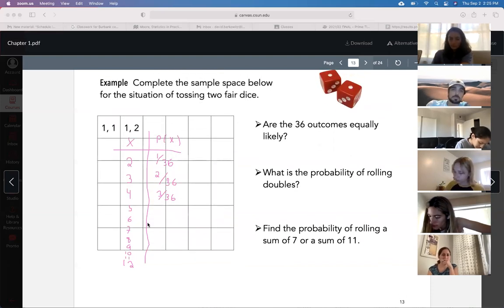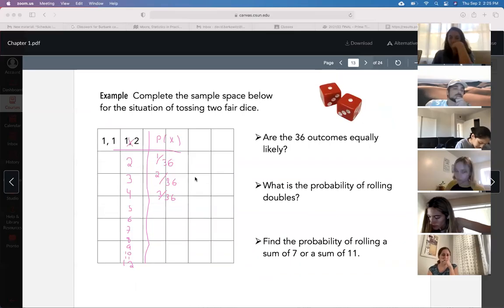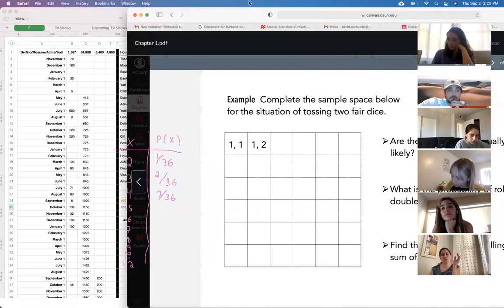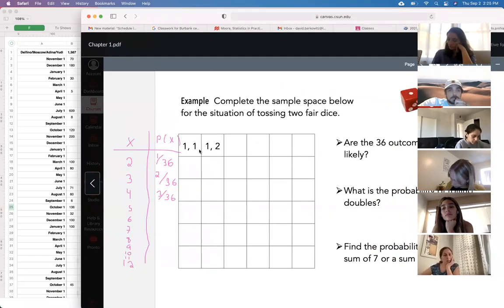When you look at this square grid, which squares correspond to a sum of 2? Or which square, since there's only one? The first one, right? Which square or squares correspond to a sum of 3?